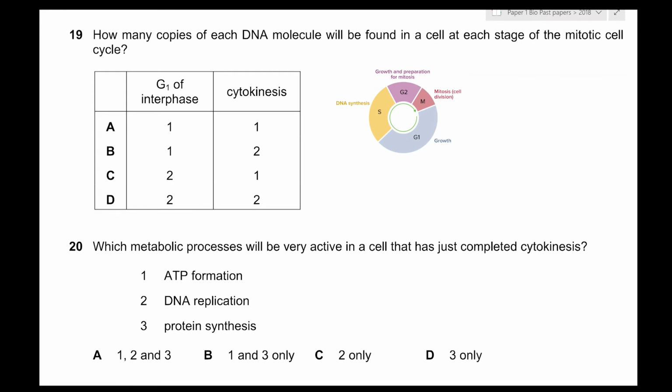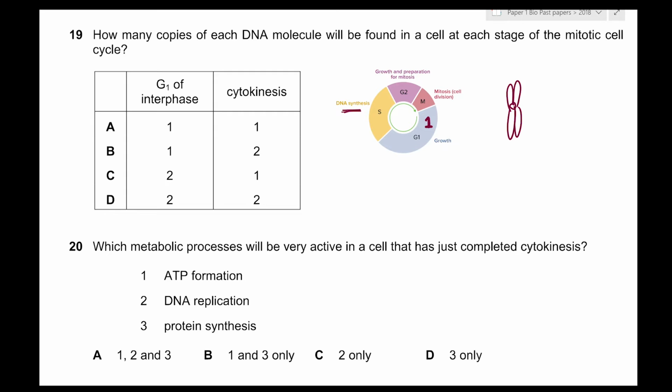Question number 19. How many copies of each DNA molecule will be found in a cell at each stage of the mitotic cell cycle? Now, we all know that after mitosis, we are left with 1 copy of the DNA molecule. In G1, we have 1 copy. And S phase is the DNA synthesis phase.